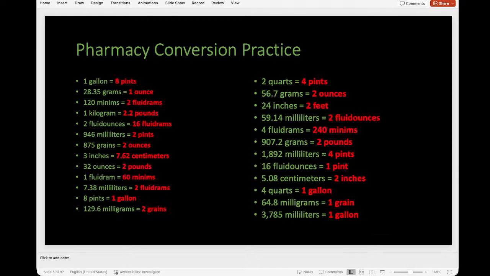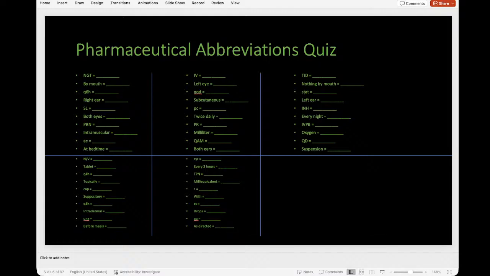I have also posted the answers here, so you can use one slide to practice, another slide to see the solution. And that's how it's going to go throughout this presentation, mostly. So feel free to use this as a reference as you're practicing pharmacy calculation questions.